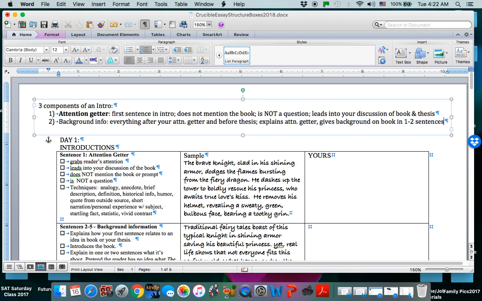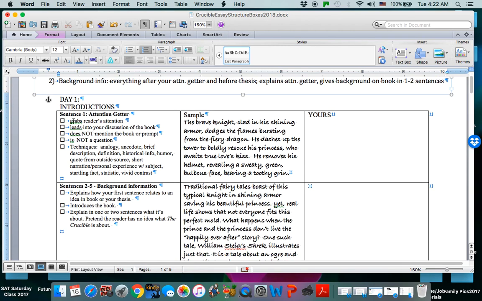So when you're writing your background info, basically you want to pretend that the reader has never read the book, never read The Crucible at all. So you have to kind of explain, like, hey, The Crucible is a play about the Salem witch trials where a bunch of people have been falsely accused. You can also mention the author if you need to.